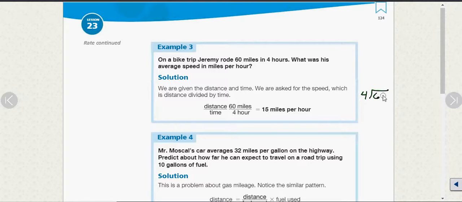You'll find this fits in once, leaving 20. That goes in 5 times to make an even 20. So 15, label it miles per hour. We would maybe put it like this, miles per 1 hour. We basically just reduced this down to look like that.